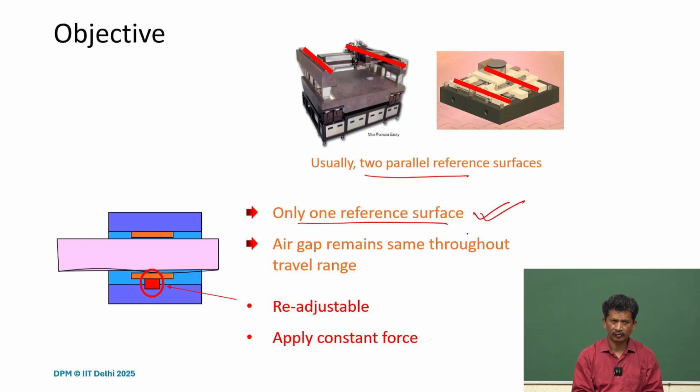On one side, we use only one reference surface, so we can make that surface as good as possible, in straightness, flatness, everything. Then we follow that surface, and how do you follow? If we move along the surface, we try to maintain the same air gap throughout. So of course, then we can mimic the reference surface.